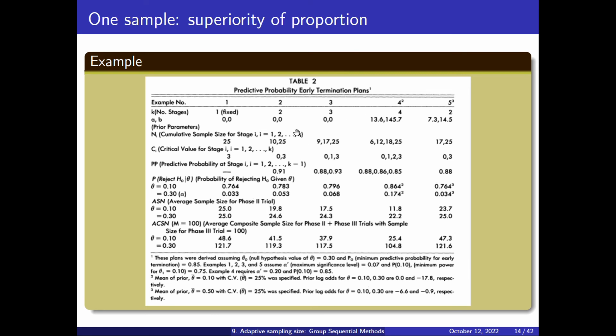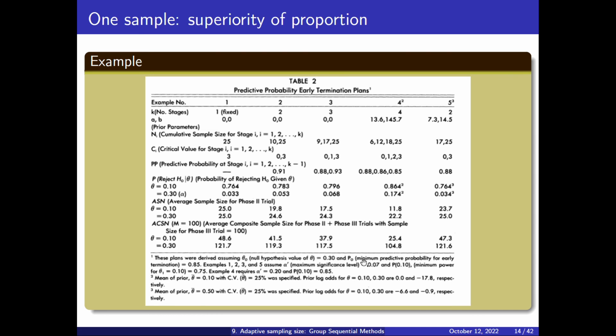So calculations are much more complicated, but what we see is that we can design the experiments in very creative ways. So for instance here, let's say that we have only one stage, or two stages, or three stages, four stages. Then we are assuming a probability of respondent of 30%.